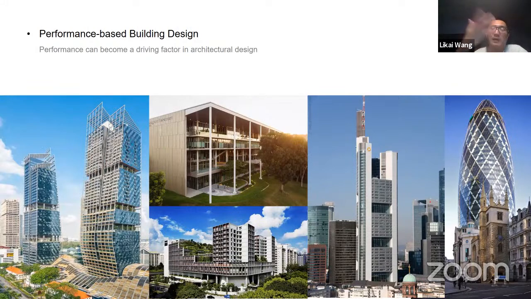Based on these designs, we can find that architecture design can play a very active role in sustainable design and help the building reduce its energy consumption. But the problem is how can we do that?